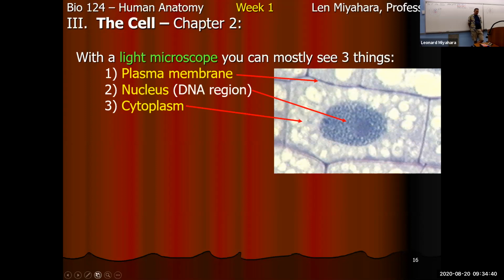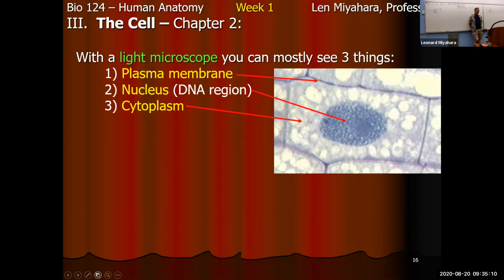Most cells, not all cells, like Tuesday lab, you found out that in blood, red blood cells don't have nuclei, but most cells have a nucleus in the center. That's where all the chromosomes and genes are. That's usually the largest organelle, and we will go over organelles a little bit later. And that's usually in the middle of the cell. And then we have the jelly in between the nucleus and that plasma membrane.